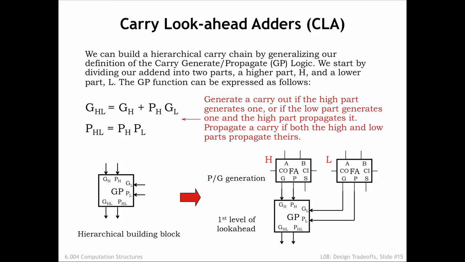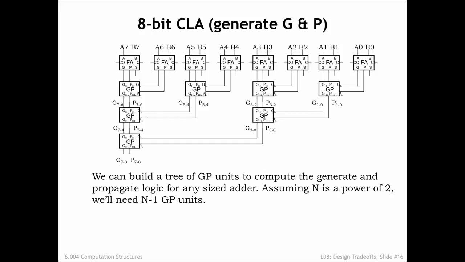Let's use these equations to build a generate propagate, or GP module, and hook it up to the H and L modules as shown. The G and P outputs of the GP module tell us under what conditions we'll get a carry out from the two individual modules treated as a single, larger block. We can use additional layers of GP modules to build a tree of logic that computes the generate and propagate logic for adders with any number of inputs.